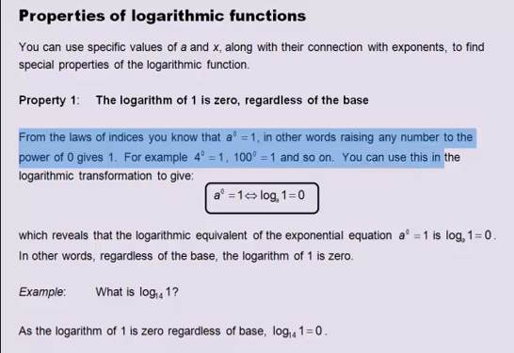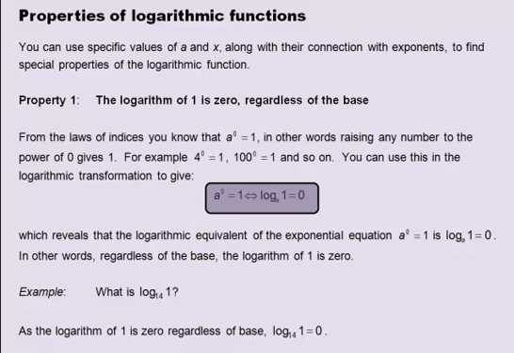You can use this in the logarithmic transformation to give: a to the power 0 equals 1 transforms to log to the base a of 1 equals 0, which reveals that the logarithmic equivalent of the exponential equation a to the power 0 equals 1 is log to the base a of 1 equals 0.